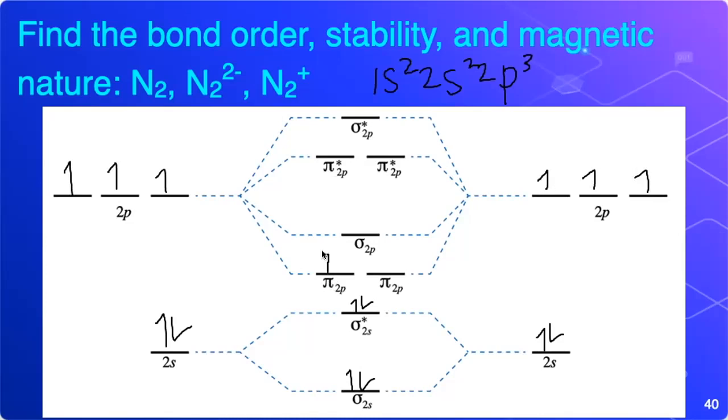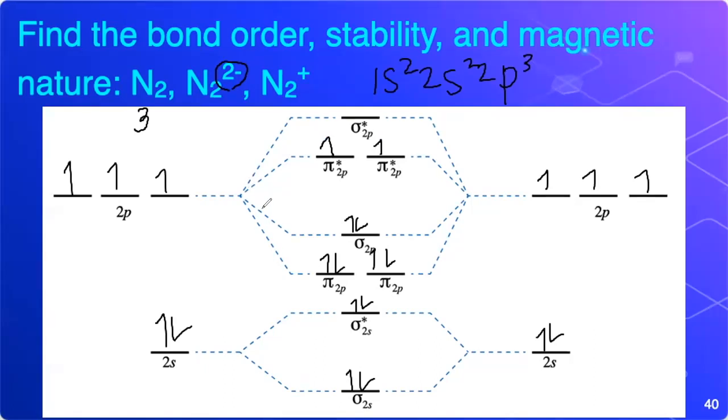And then 1, 2. All right. So this is for the N2. So the bond order of N2 is 3. For N2 negative, this means that meron tayong additional 2 electrons to the N2 molecule. So if we're going to add 2 more electrons, meron tayong 1, 2 electrons dito.